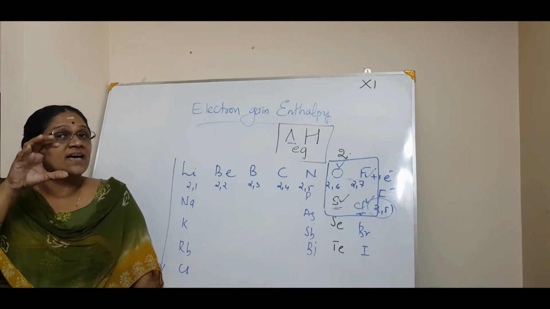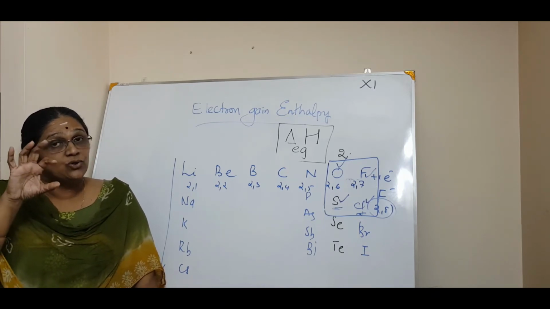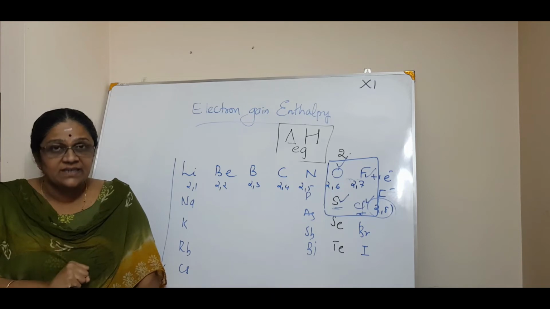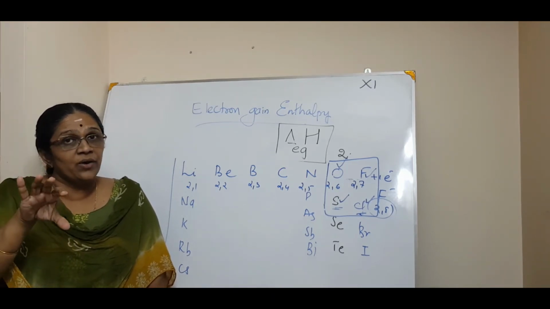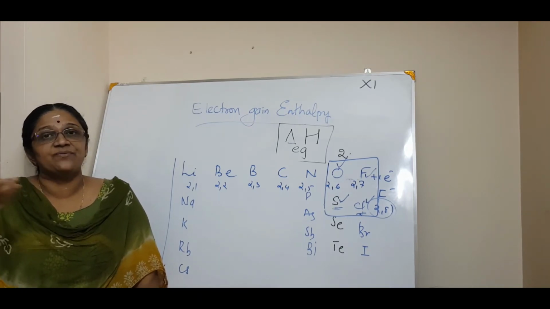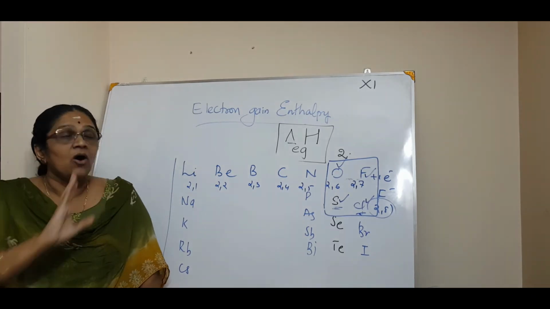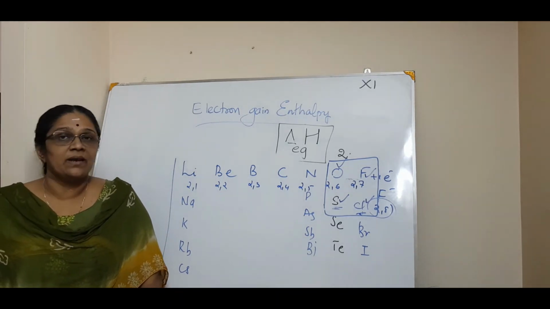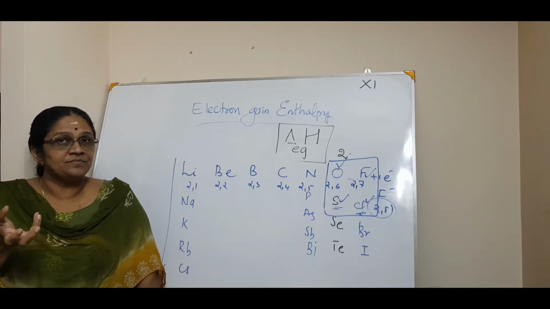Because of the small size of fluorine, and as the principal quantum number n equal to 2 is very close to the nucleus, there is a greater electronic repulsion than in chlorine, where the principal quantum number n is equal to 3. The same question can be asked for oxygen and sulfur as well. So you know how to get the answer.